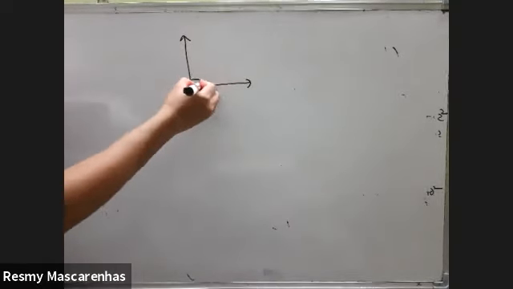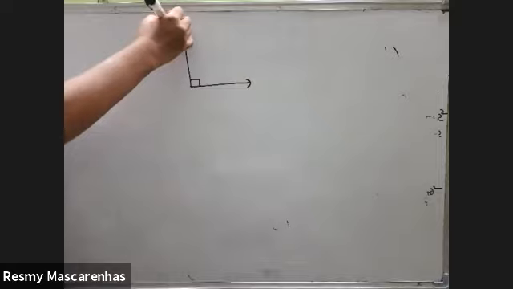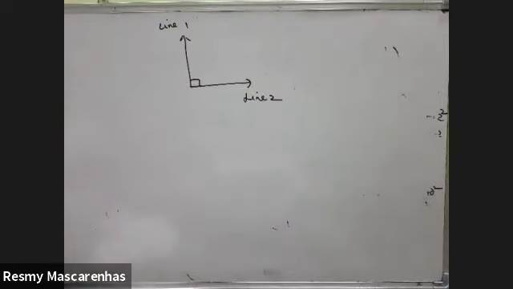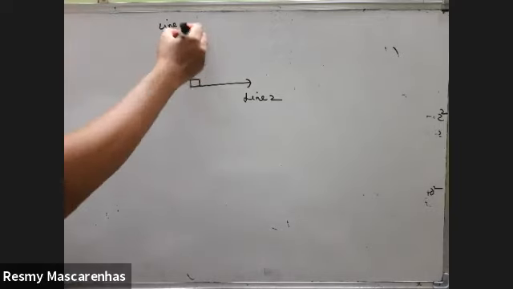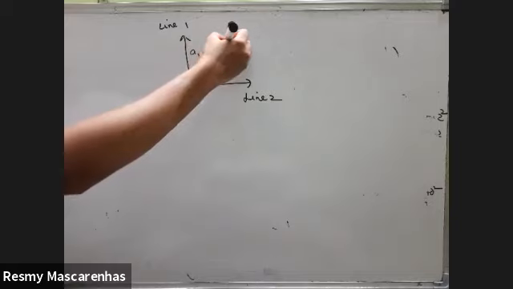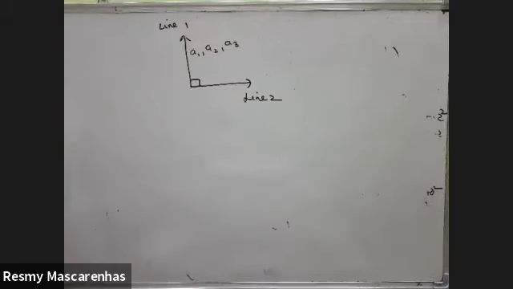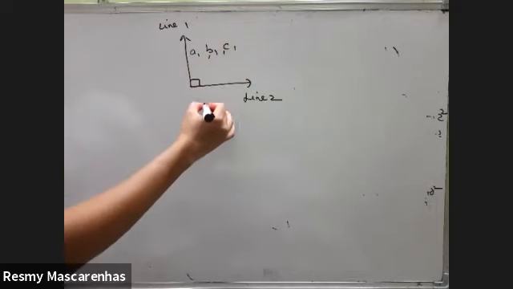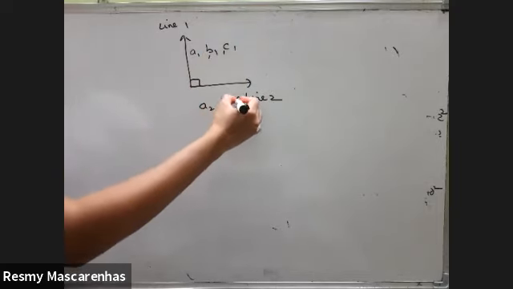Suppose this is line 1 and this is line 2. Every line has its own direction ratios and cosines. Let line 1's direction ratios be a1, b1, c1, and line 2's be a2, b2, c2.